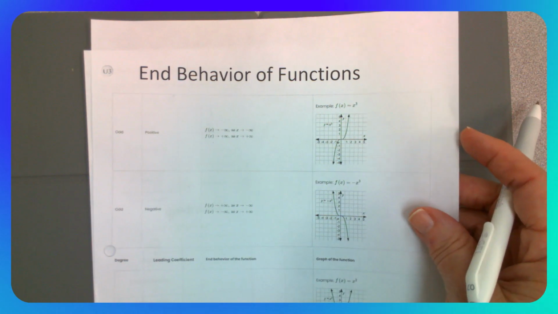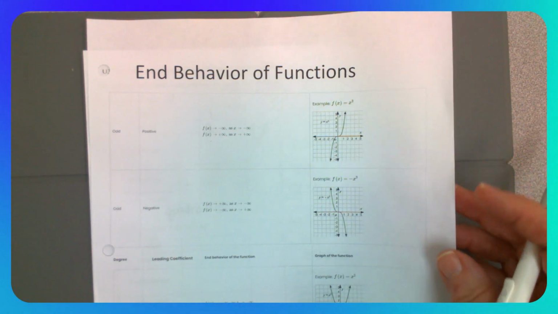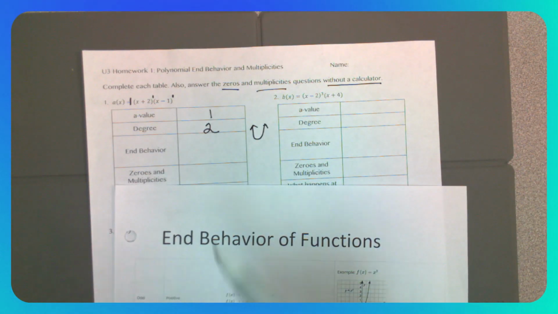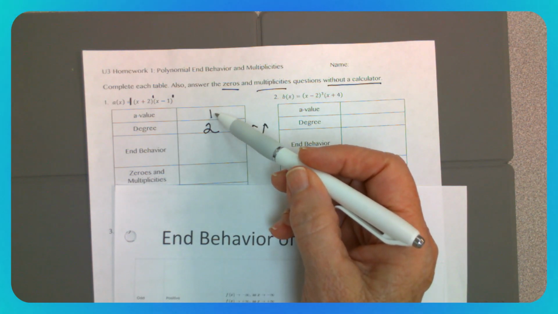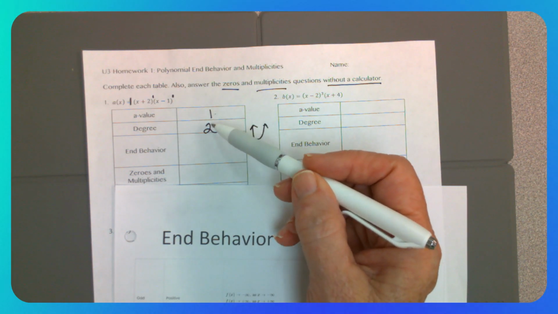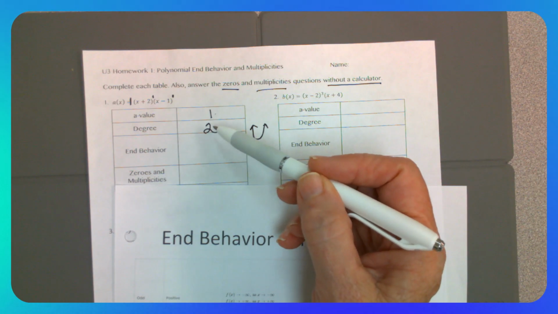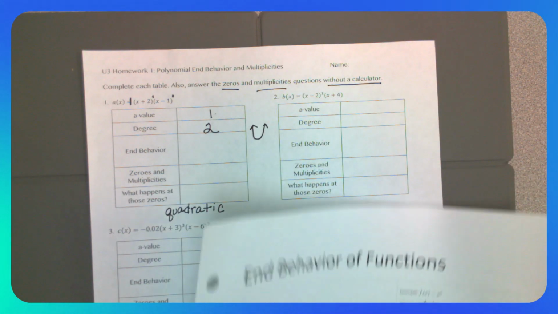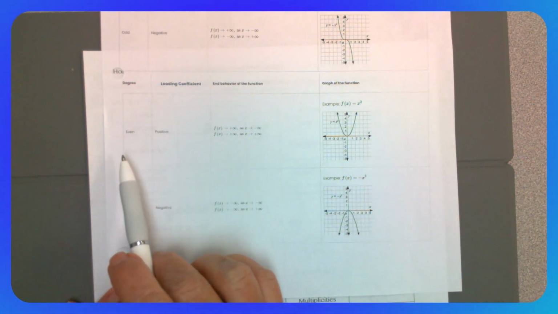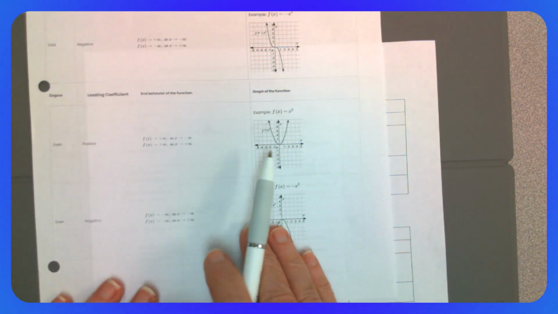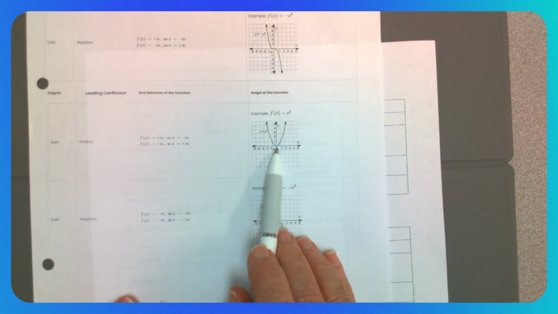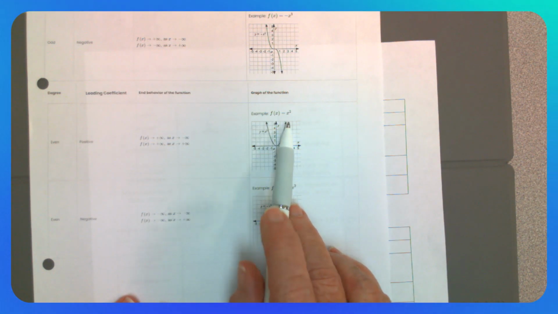All right, you should have these notes in your workbook. And I'm looking at the a value is positive and the degree is even. So even and positive gives you a graph that looks like this. Okay, so that's what we said.